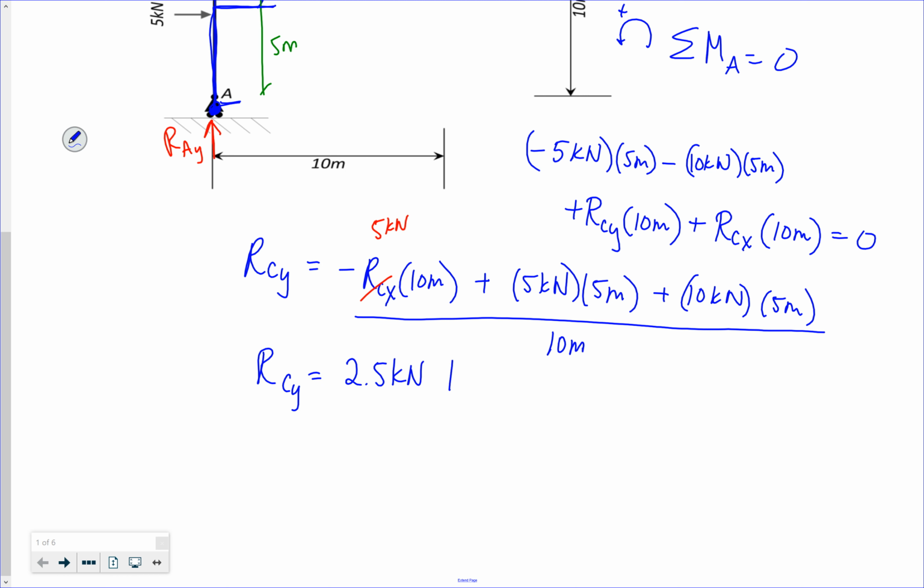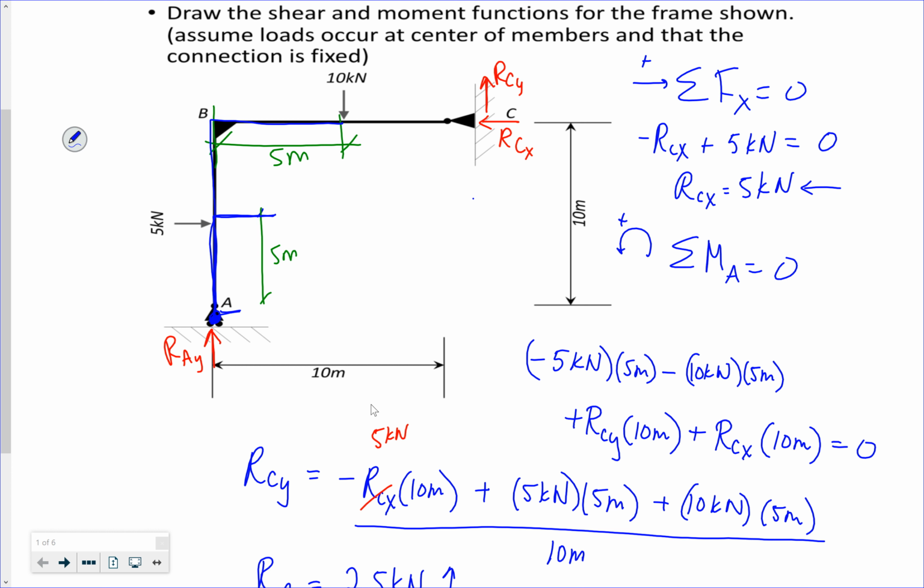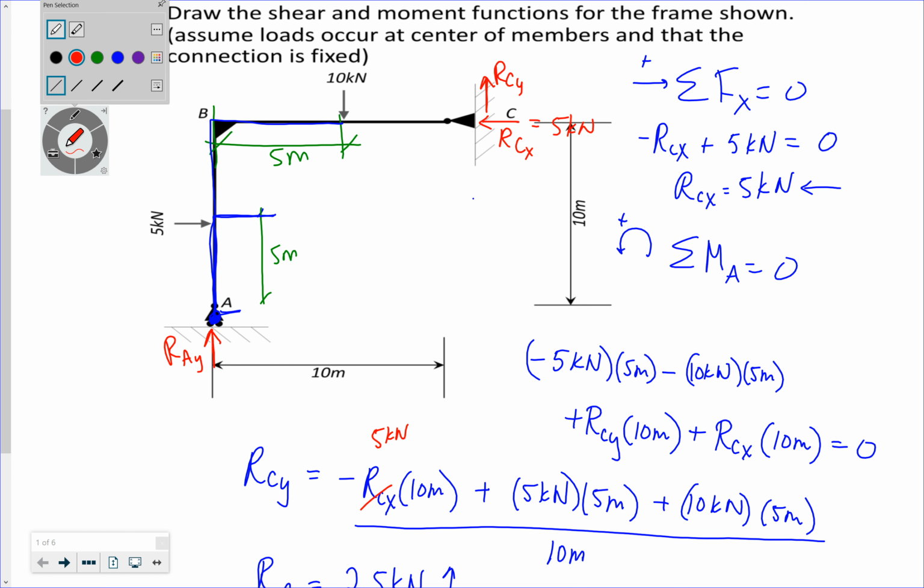And it's acting up because that's what I assumed, and it came out positive. This is 5 kilonewtons, and this is 2.5 kilonewtons.